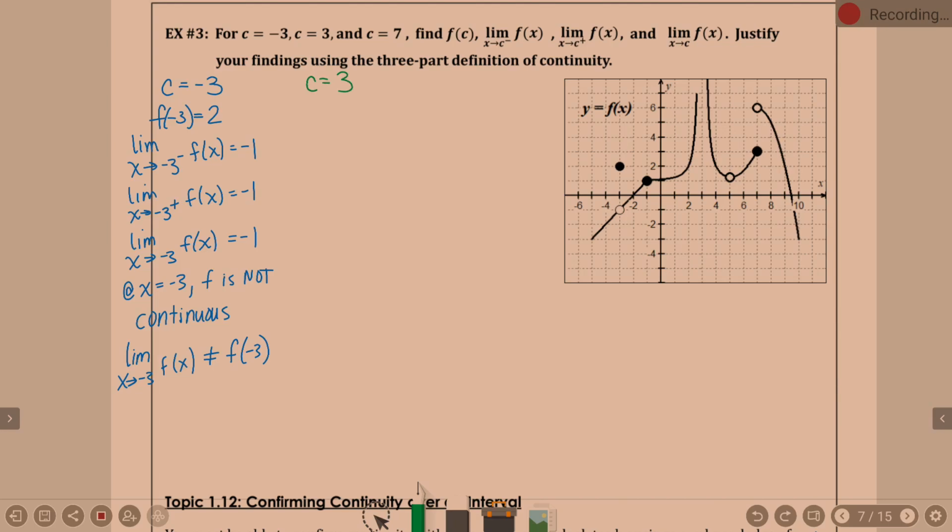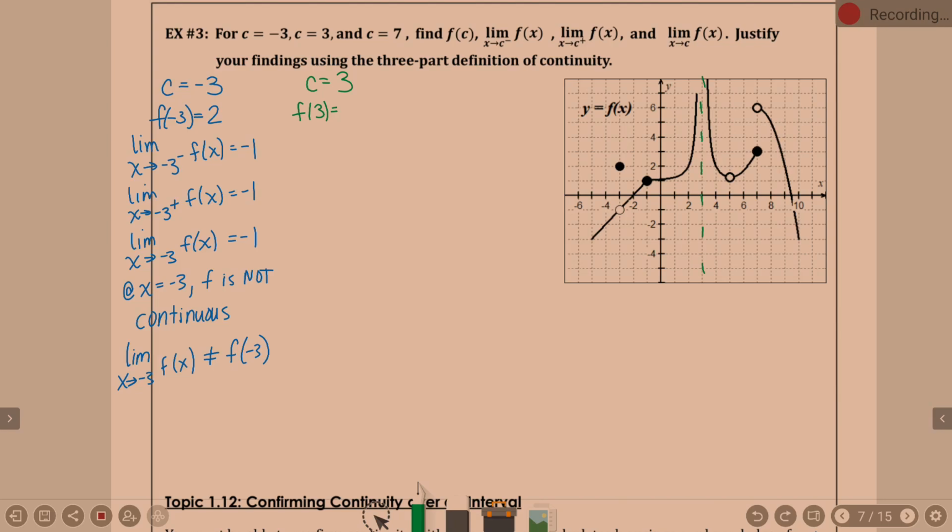Let's try similar things at c equals 3. I mean, we already know, is it going to be continuous? No. Let's come up with the official reasonings, I guess. So I'm going to go same order as last time. f of 3 is equal to what? Yeah, because what's happening at 3?